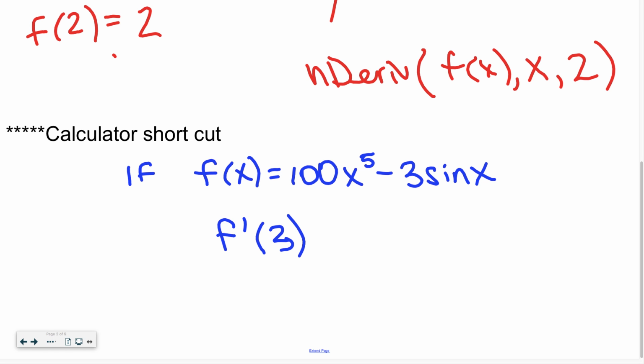So instead of finding the derivative and then plugging in the value, you can simply put it on your calculator. I made this up on the spot, so I have no idea what the answer is. A giant number, probably.